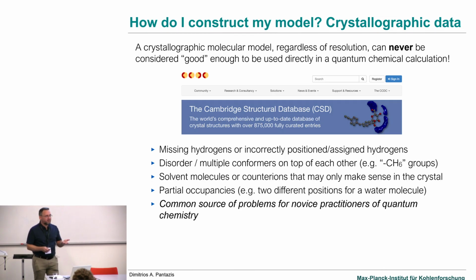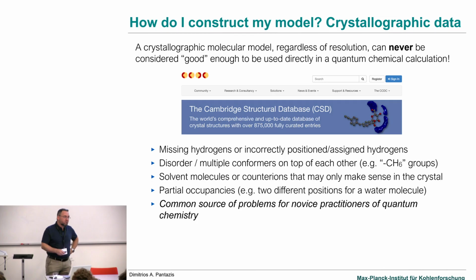It's not primary data, it's an interpretation of data. So you can never use a crystallographic model directly and turn it into a computational model. You always have to work on it, because it might have no hydrogens, or they were positioned by some automated algorithm and the carbon-hydrogen bonds, for example, are really weird, and you need to correct that.